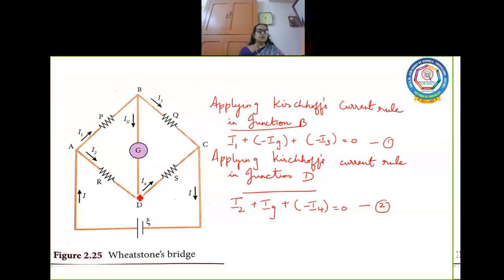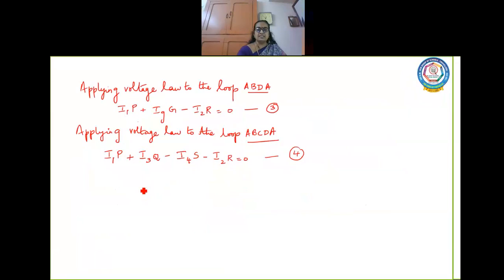At points B and D, both the potentials have the same value, and at that point the galvanometer shows 0 deflection, which is considered to be the balance point or bridge point of the network. So in that case, what will be the value of Ig?